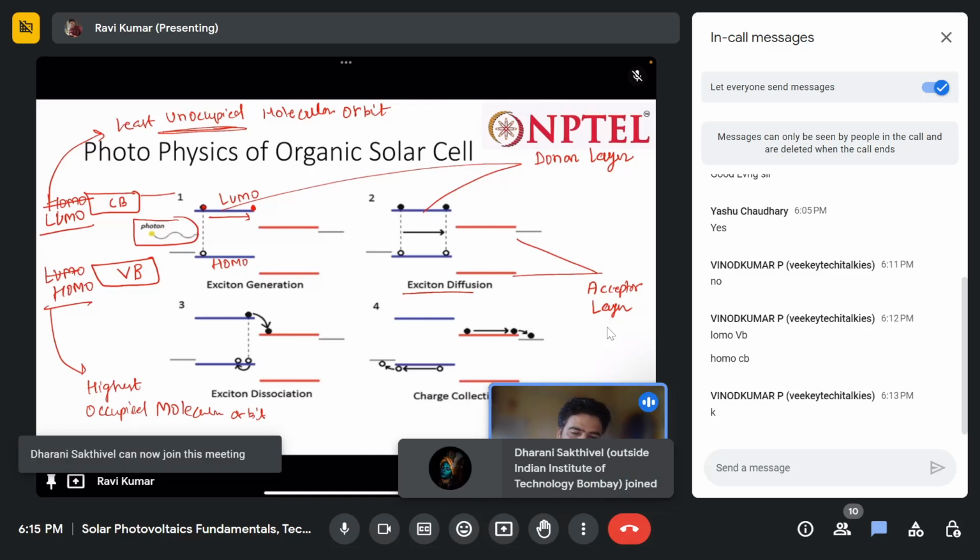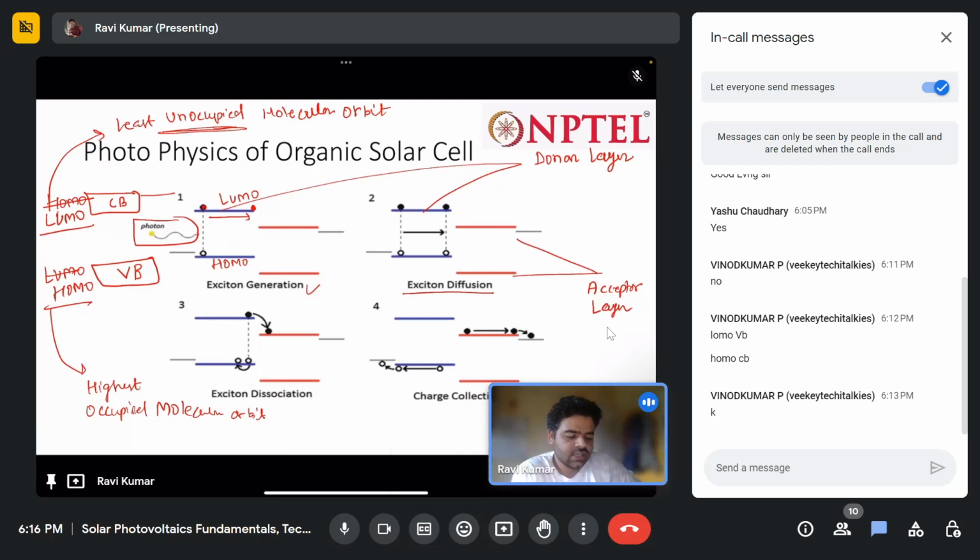So first is exciton generation, second is exciton diffusion. Diffusion means the traveling of this electron and hole from the generating side to the edge, where the acceptor will accept this. This is the second step, exciton diffusion.